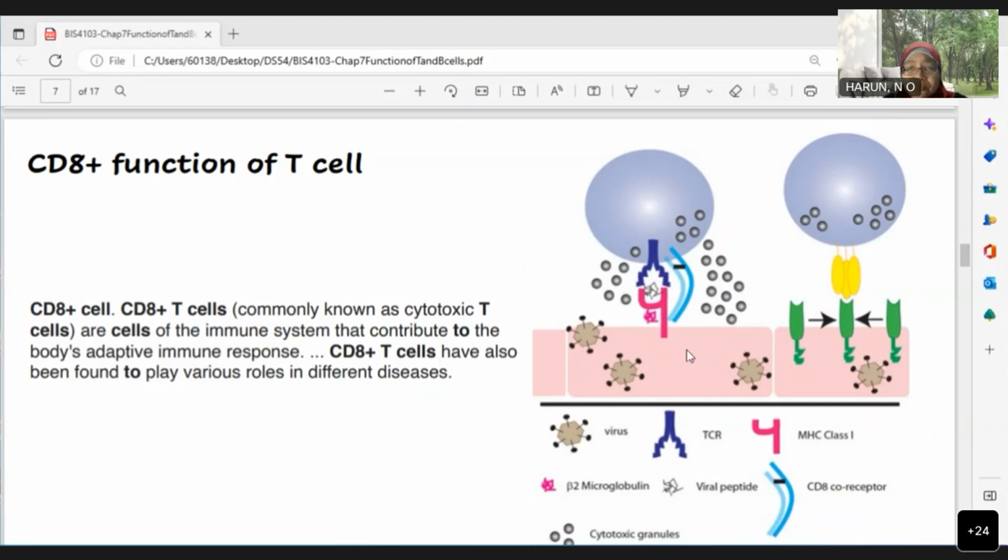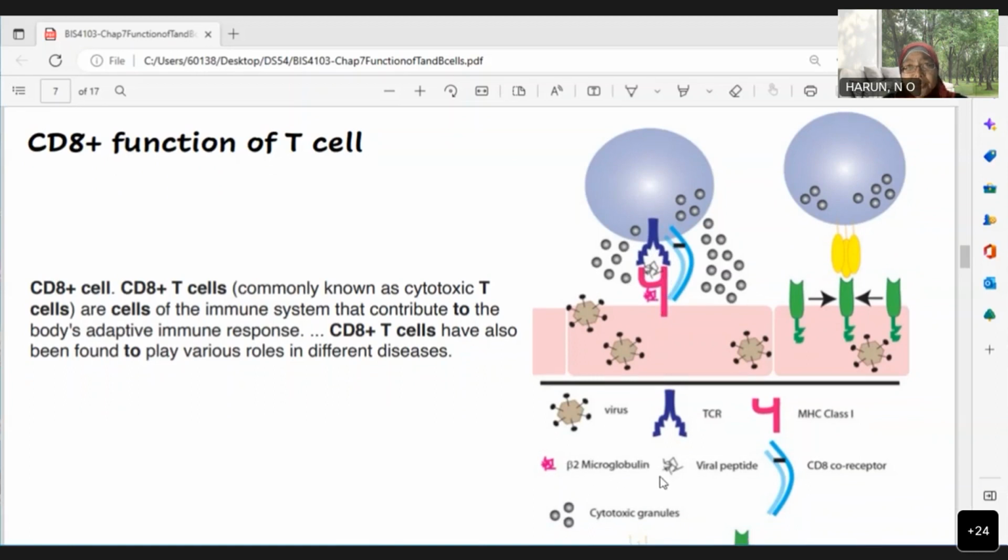The red one that looks like a Y is MHC class 1. This is beta-2 microglobulin. If it is beta-2 microglobulin, it belongs to which group of MHC? Remember, it's MHC class 1 or class 2.